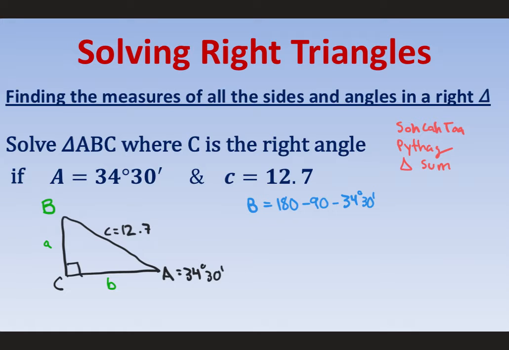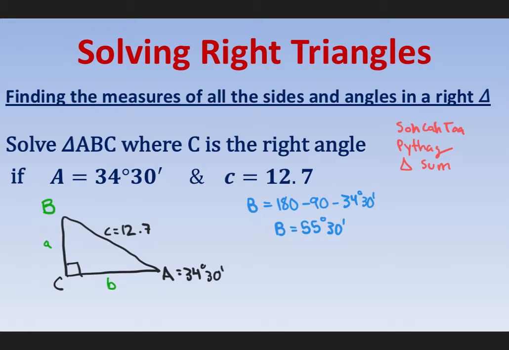If I subtract these out, I will get a remaining value. B is 55 degrees and 30 minutes. I did a little bit of that math on my side, so I didn't demonstrate it right here, but if you calculate 180 minus 90 minus 34 degrees and 30 minutes, it'll leave you with 55 degrees and 30 minutes.